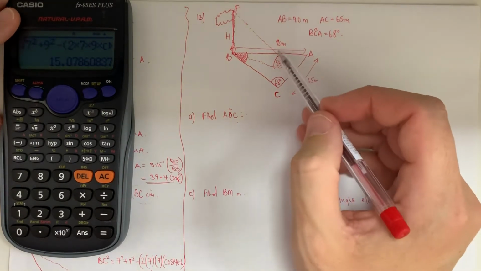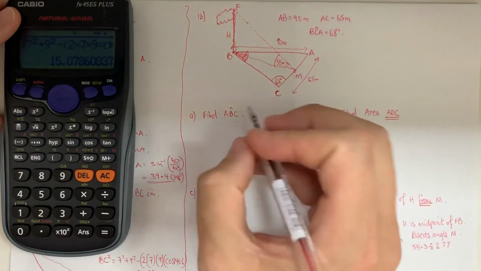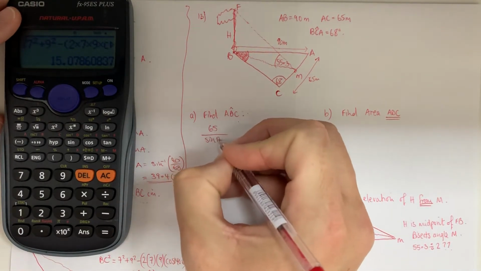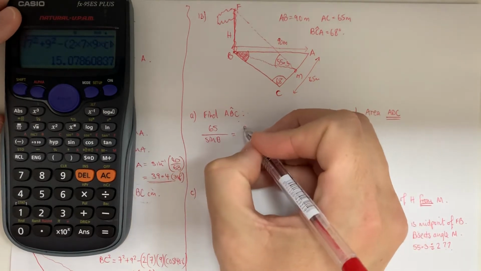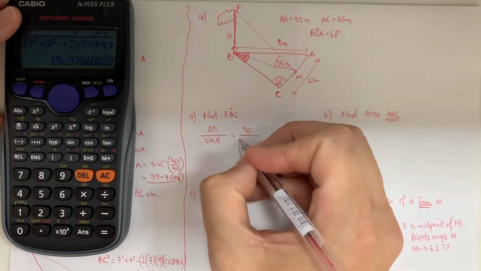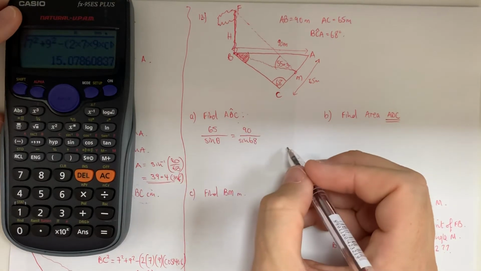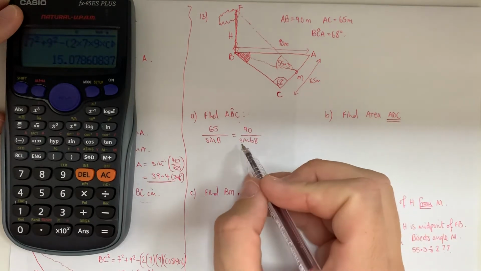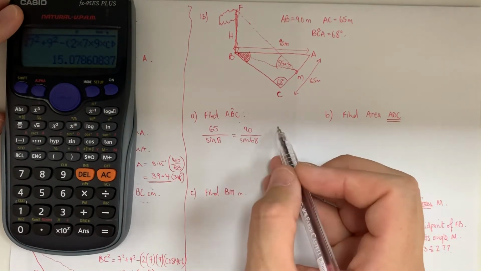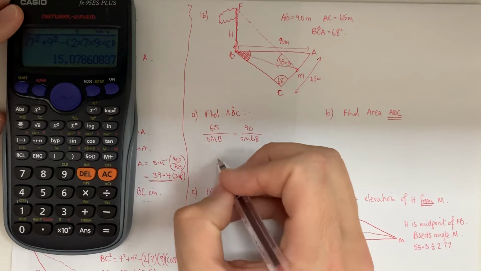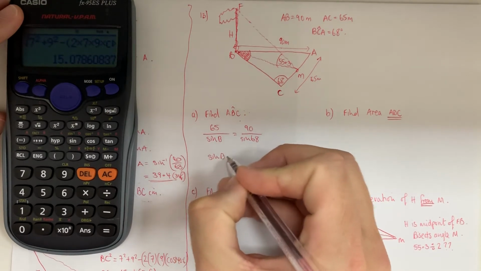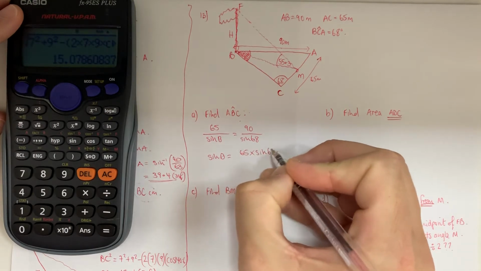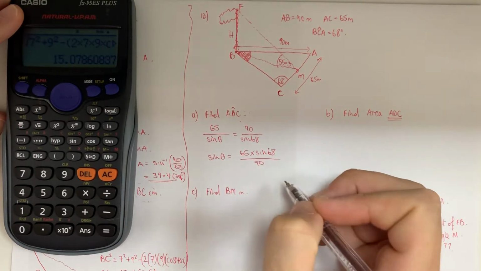So looking at that, it's going to be the sine rule because I've got opposites. So it's 65 over sine B is equal to 90 over sine 68. I actually normally write the angle on the top, but you might write it this way, then flip it. But anyway, what you end up with, sine B is going to equal 65 times sine 68 over 90.